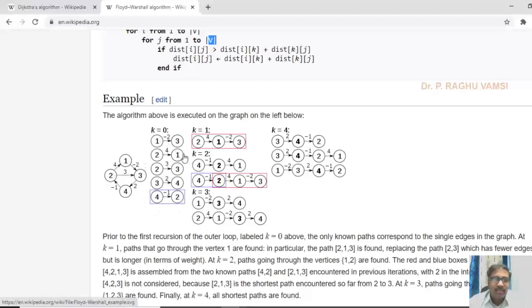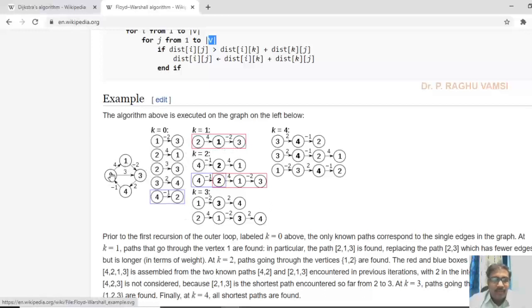Now in combinations it will do 1 to 3 and 3 to 4. So for that, the iteration will be like this. Here 1 to 3 is there, next 3 to 4 is there. Then another combination will be 2 to 1 and 1 to 3.